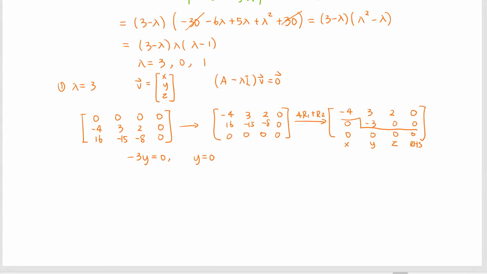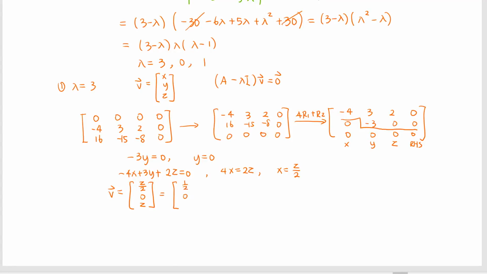So far, so good. Let's plug into the first row. So minus 4x plus 3y plus 2z is 0. Then y is 0, so 4x equals 2z. X equals 2 over 4, which is z over 2. So v is then x is z over 2, y is 0, z is z. So we can factor out the z.